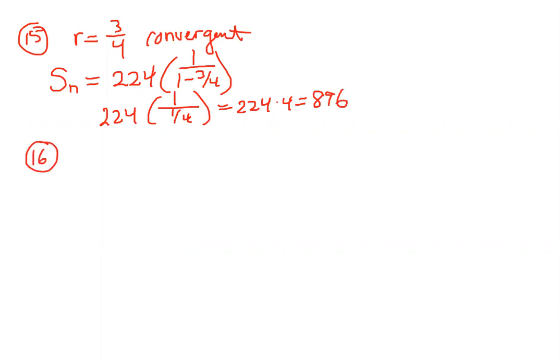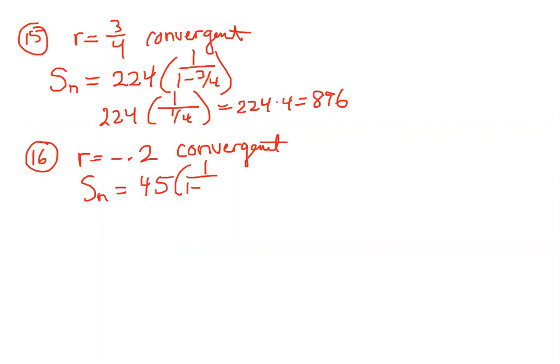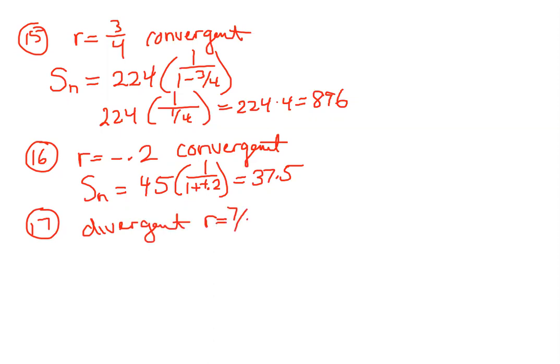Number 16, r is -0.2, so it's convergent. And a1 times 1 over 1 minus -0.2, and that one is 37.5. Number 17 is divergent because r is -7/6, which is greater than 1 if you take the absolute value.